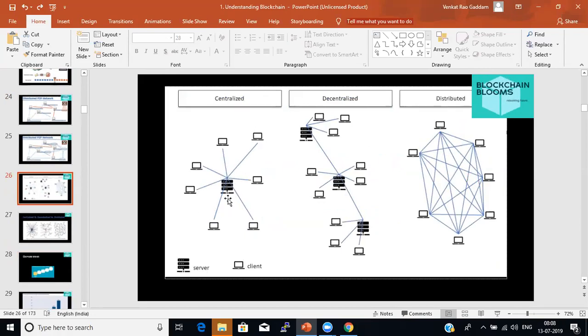If there is any issue in the central server, the services will automatically stop, and business operations will stop. About two months ago, a major airline got this same issue. They had downtime of about 4 hours, and the impact was around 2 days. The stoppage of 4 hours impacted about 2 days of their business operations. So many people had difficulties.